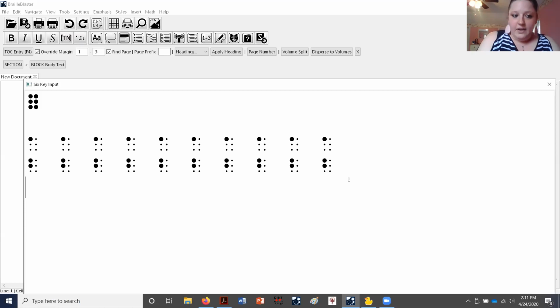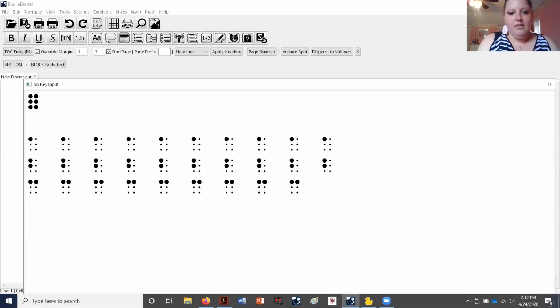Your letters that you're going to be using to type with are F and J. So a combination of F and J, or 1 and 4. Let's do that 10 times each. So we have 3, 4, 5, 6, 7, 8, 9, 10. So again, it's letters F and J together, or dots 1 and 4.